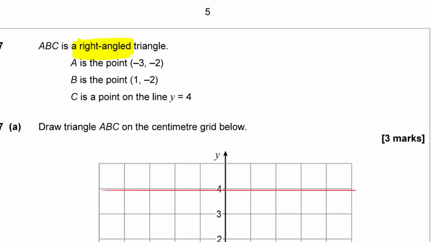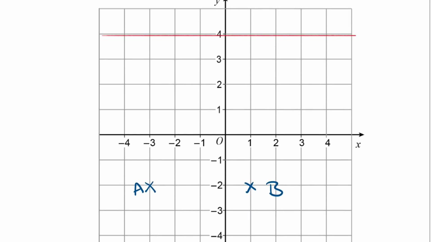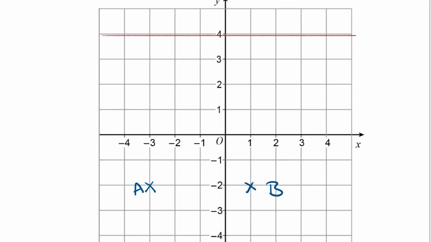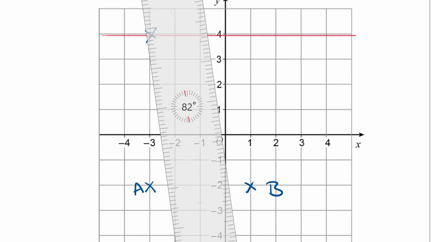It's a right angle triangle, so we have two choices of where we can put C. We could put C here, or we could put C here and form a right angle triangle. Either of those two points would be okay. I'm going to go for the one on the left. Okay, so the one on the left, then draw my triangle.